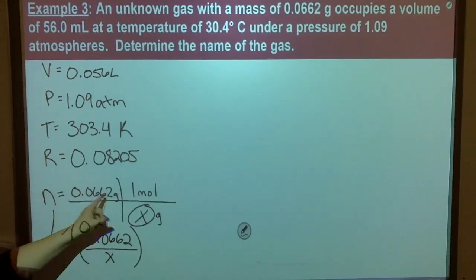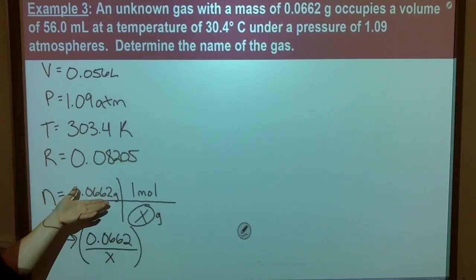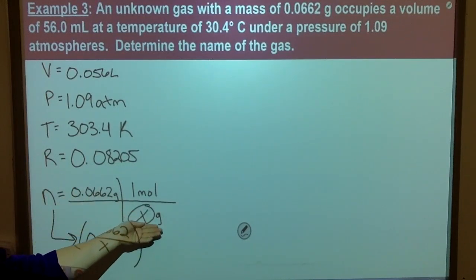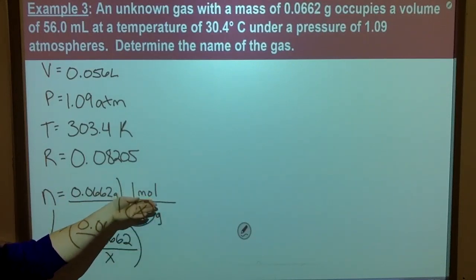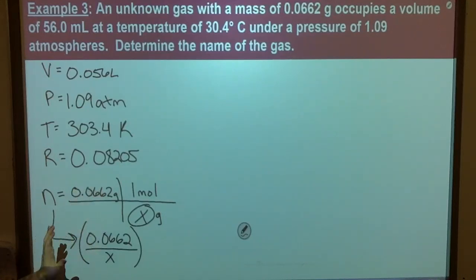You can do that just like we did before with these simple stoich problems. You have the sample size. We would have put in the molar mass here equal to 1 mole to find moles, but we don't know the molar mass. So we're going to simplify this equation. This is what we put in for the variable n, and then we solve for that X. The X is going to be the molar mass.